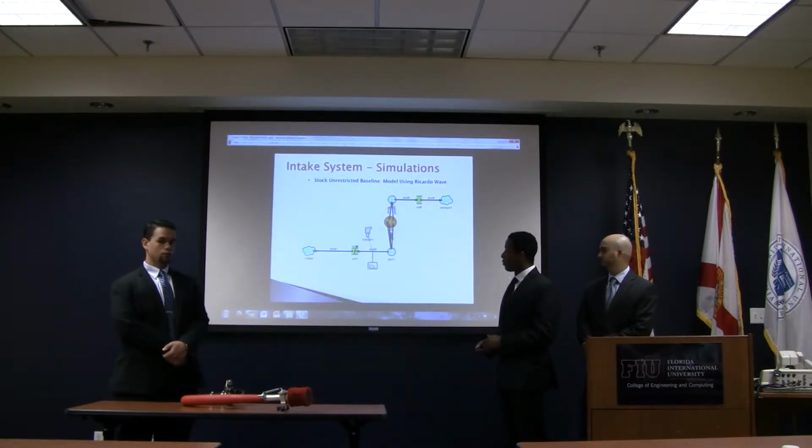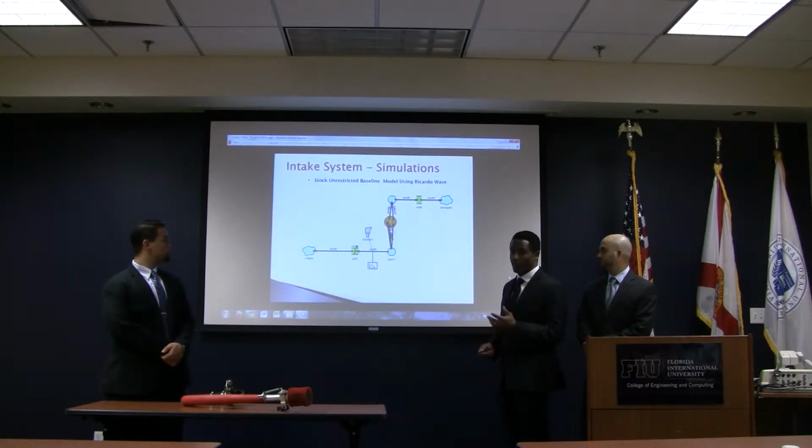All pertinent engine information and geometry were inserted into the software to get an accurate engine model. For example, what you see here in the orange circle represents the cylinder. The engine is a single cylinder, has 5 valves, 3 intake, 2 exhaust, and we also modeled the intake and exhaust systems.